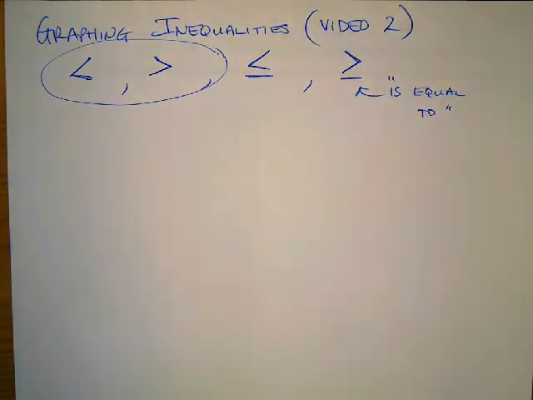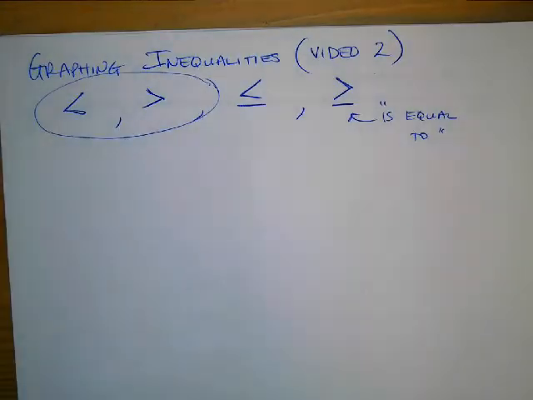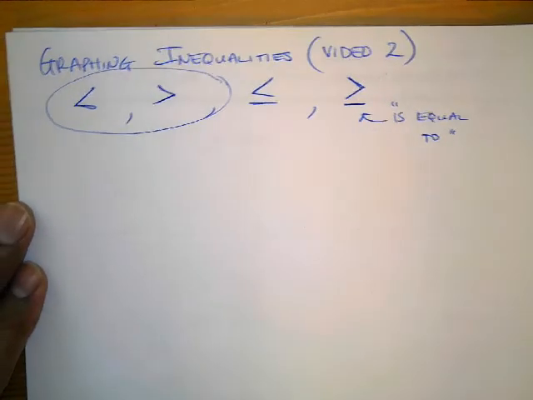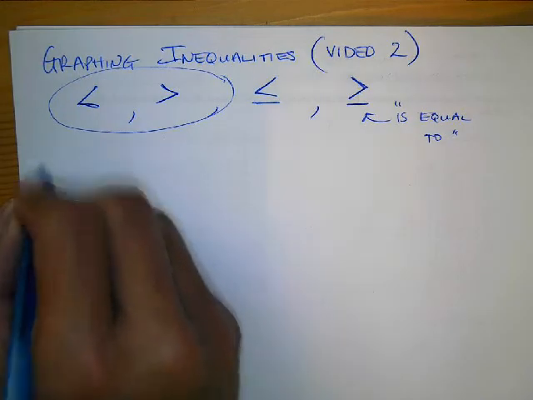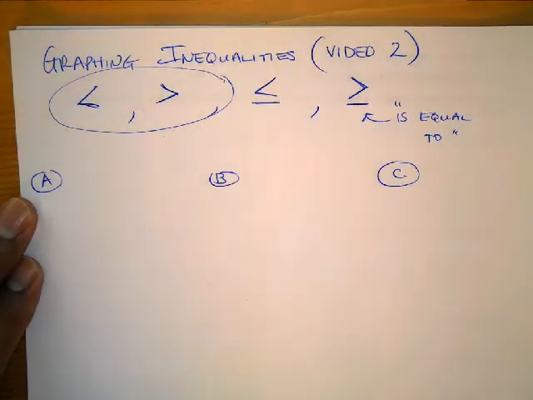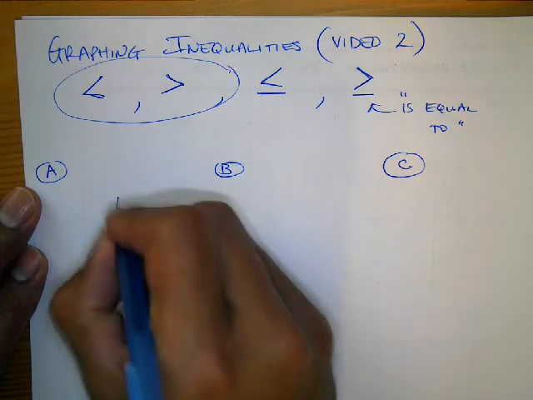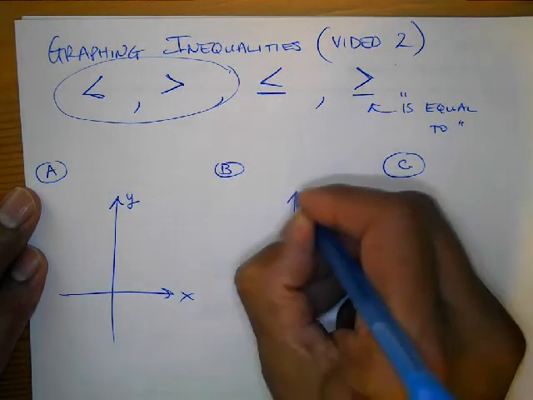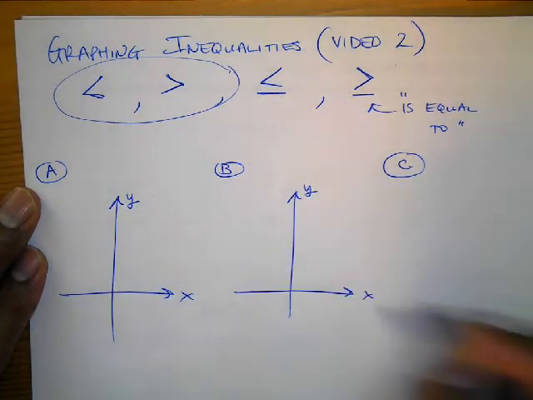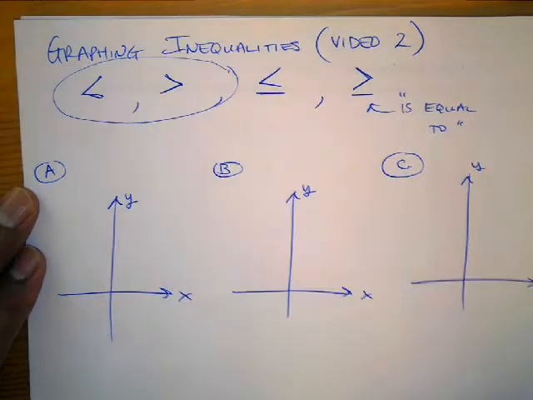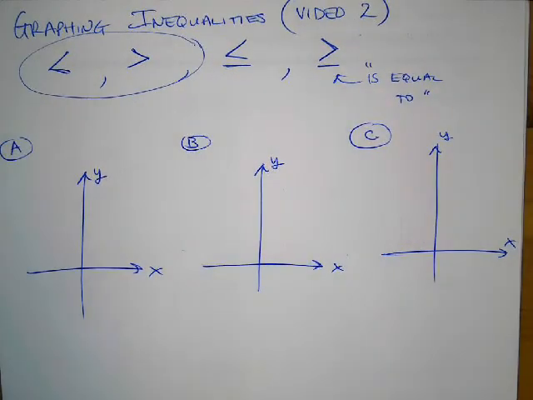Okay, so how to graph these? Let's say, for example, I'll put A, I'll put B, I'll put C, and let's just do some quick little XY axes.